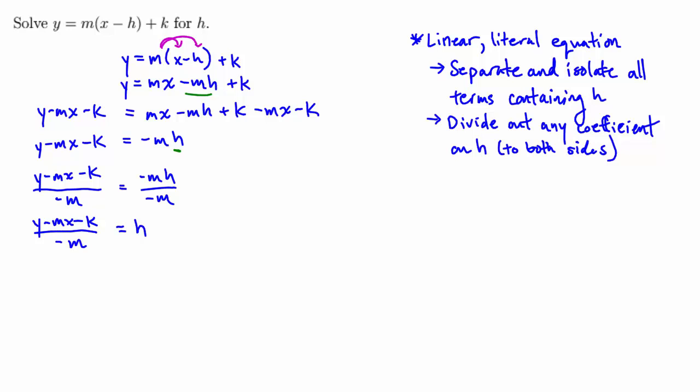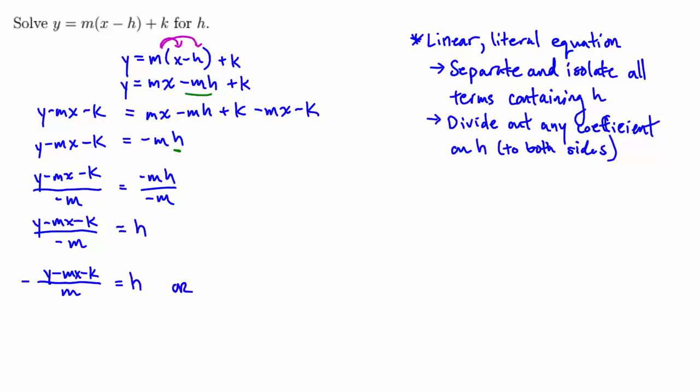The only thing I'd want to do further is to move that negative. In general, we do not write a negative in a denominator. We write it out front of the entire fraction or in the numerator. So I would write this as the negative of that whole expression with y minus mx minus k in the numerator and just m in the denominator. So that whole thing would be equal to h.